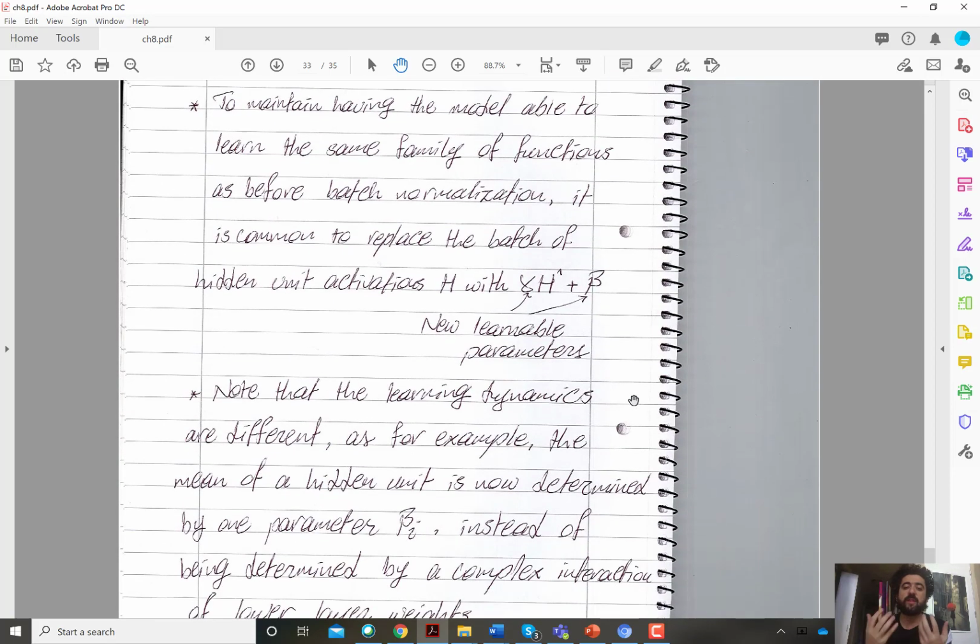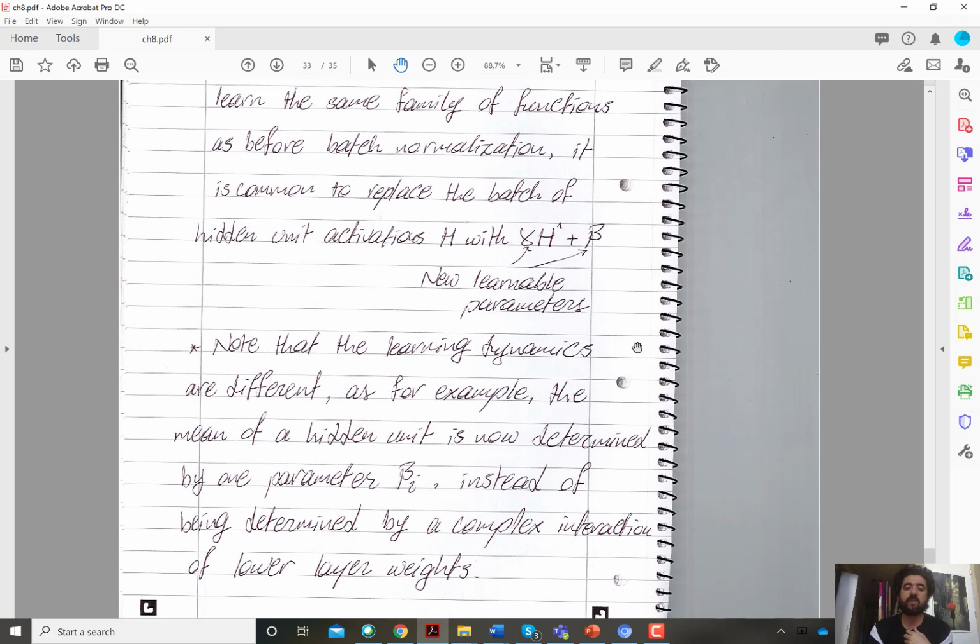Now, an intuitive question that comes to mind is why did we do batch normalization in the first place? You first remove the linear transformations from every layer and then you add them back. The answer is that it's true that we removed them and added them back, but we added them back in a different form.